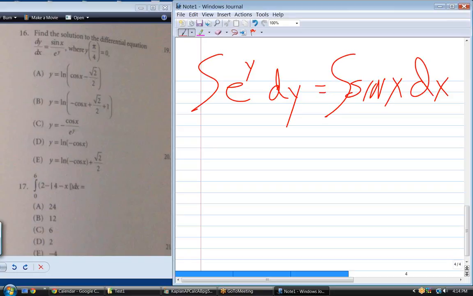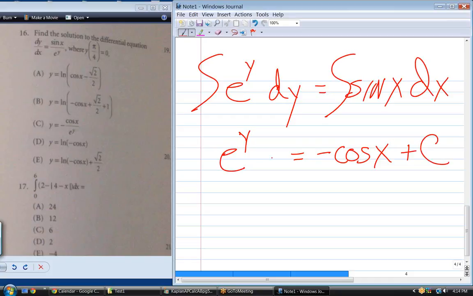Which means its integral is also e to the x. Because remember, the derivative of the integral has to equal the original function. So the integral of this is e to the y. What's the integral of the right side? Cosine x? Negative cosine x plus c. Right. Because these are indefinite integrals.